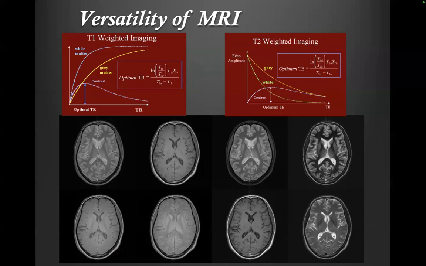Proton density, T1 value, and T2 value are intrinsic properties of a specific tissue. Gray matter and white matter have different T1, T2, and PDs. The reason MRI is so versatile is that you can manipulate your imaging to maximize T1 weighting, T2 weighting, or proton density weighting for different kinds of tissues. That's how you get all these crazy contrasts.